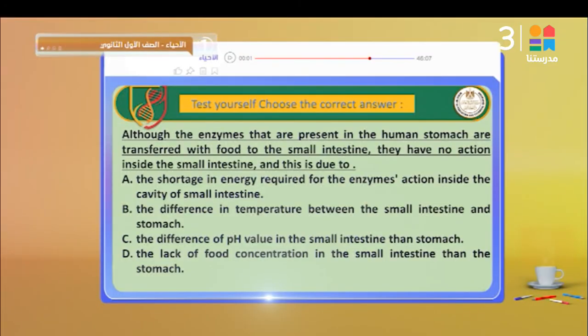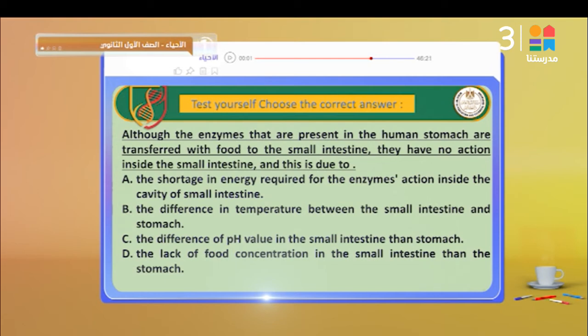I tell you about these multiple questions, MCQ A, B, C, and D. A, the shortage in the energy required for the enzyme actions inside the cavity of the small intestine. B, the difference in the temperatures between the small intestine and the stomach.